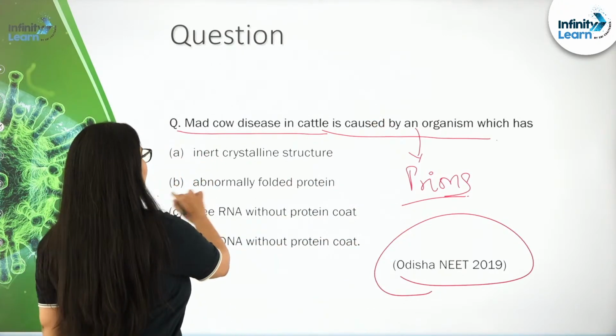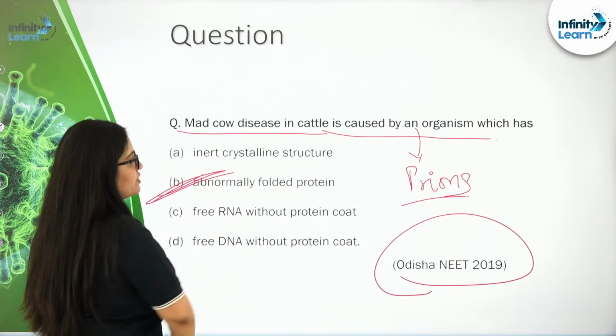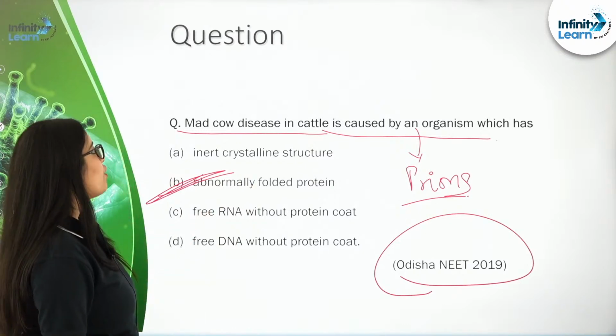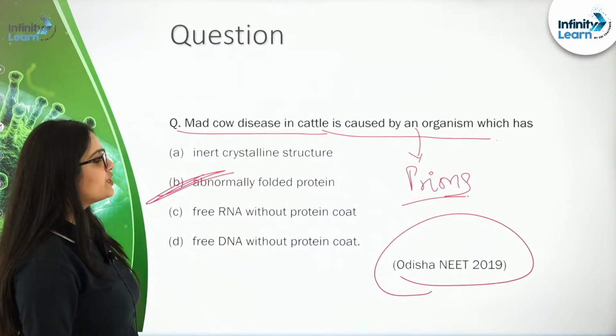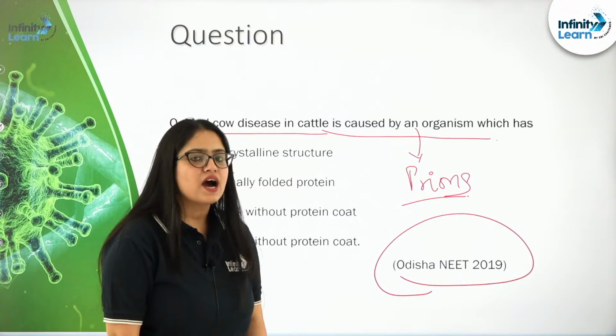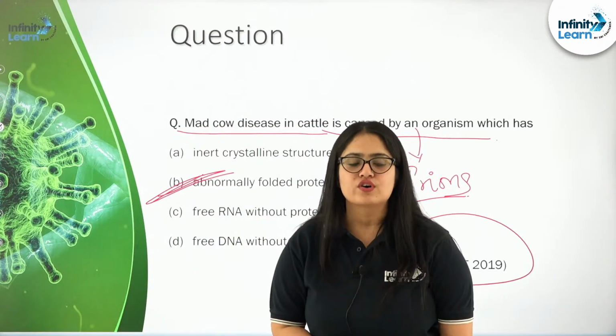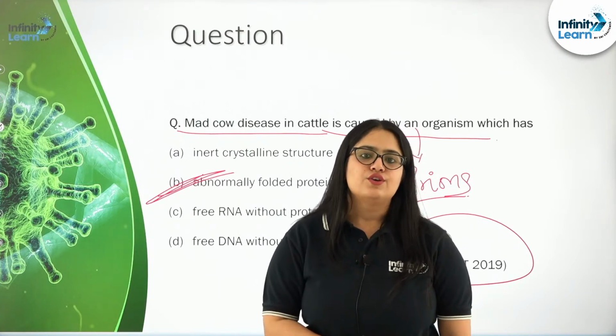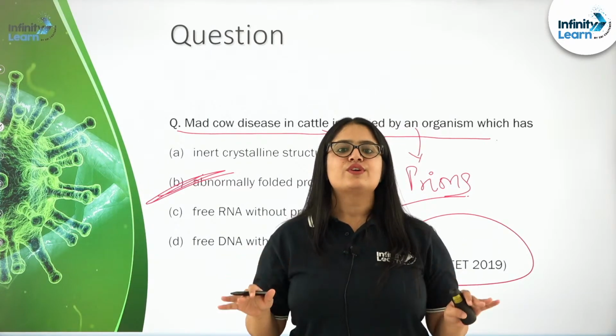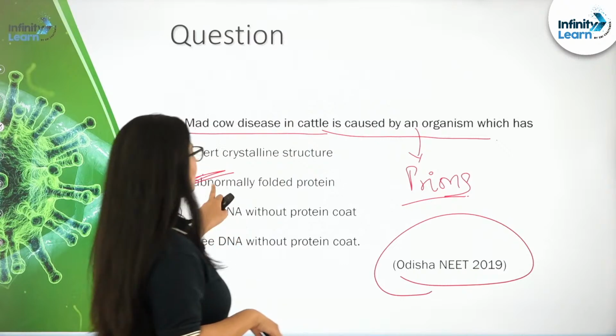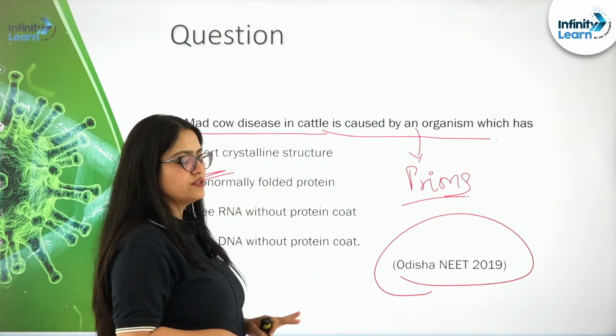A similar disease is caused in humans, known as Creutzfeldt-Jakob disease. Again, a neurological disorder caused by prions in humans, right?